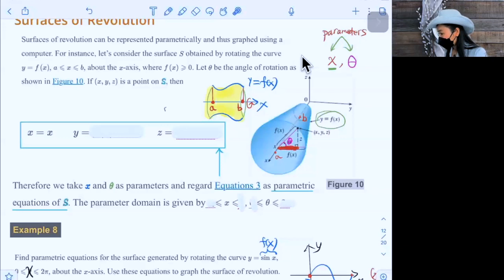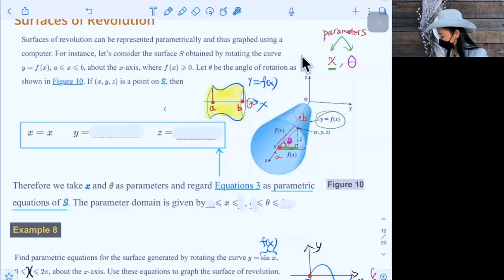This is the y coordinate. Remember, this is y equal to f of x, so when you revolve, the radius of this circle should be f of x.